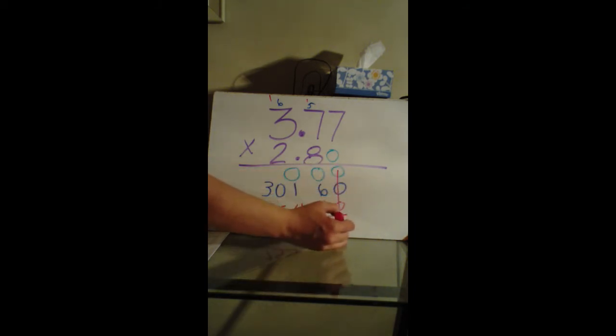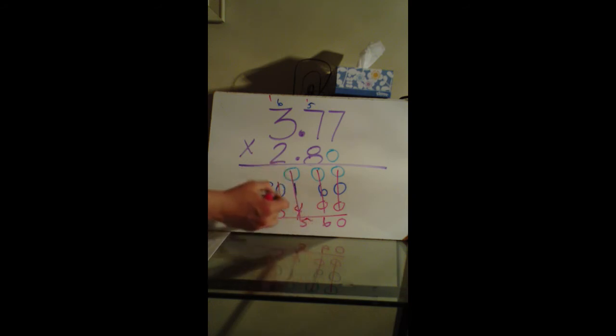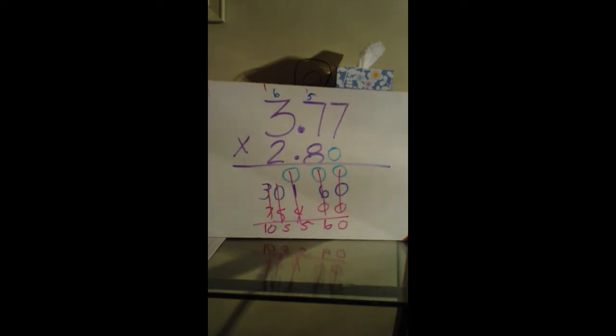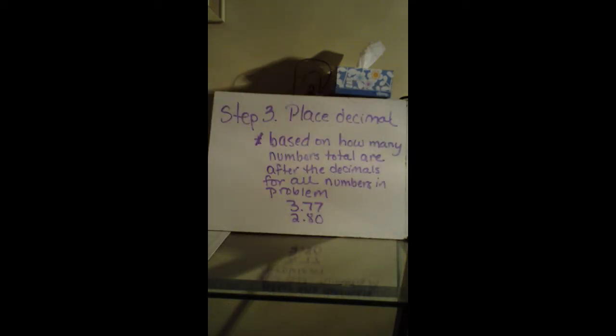This column equals 0, this column equals 6, this column is equal to 5, this column equal to 5, this column equal to 10. So now I have my product of my math here, and I have 105,560. So now the next step is to place the decimal.